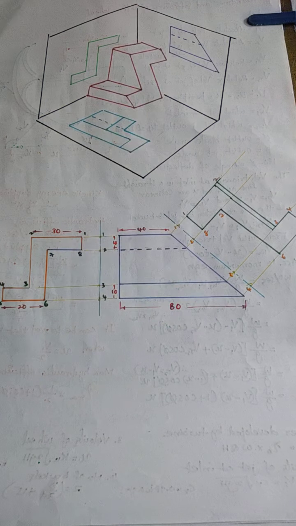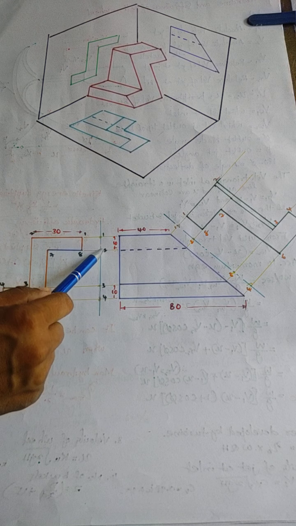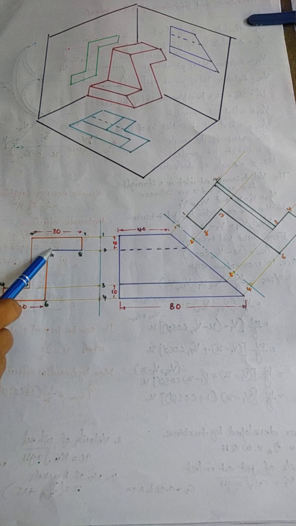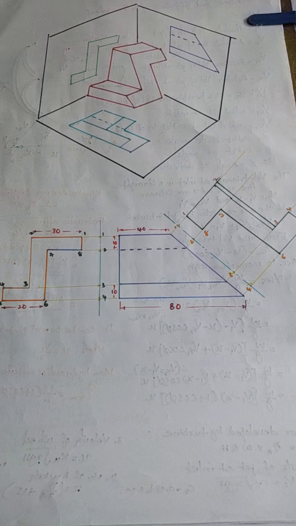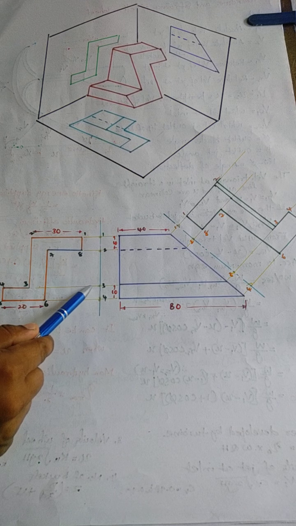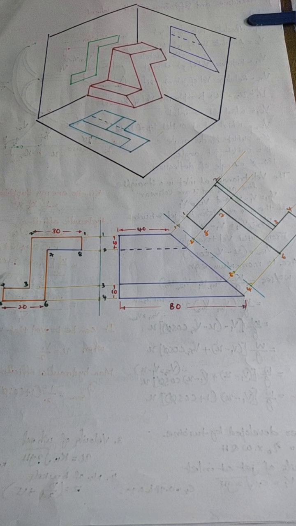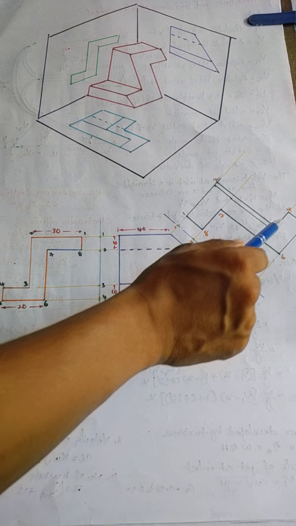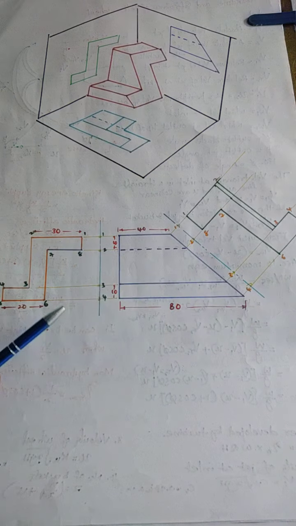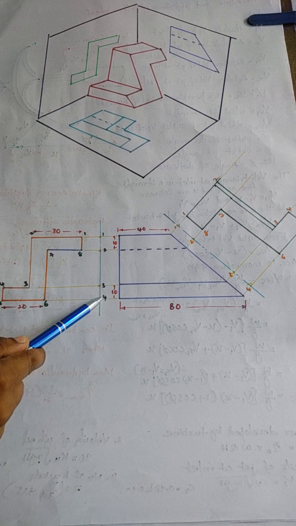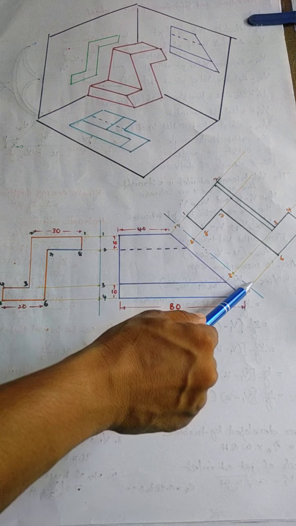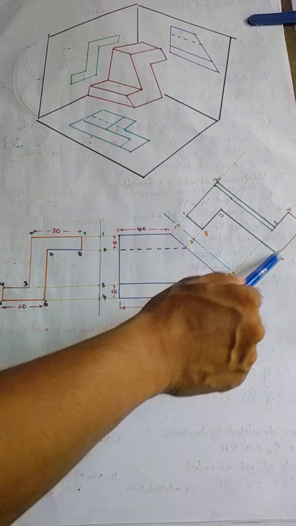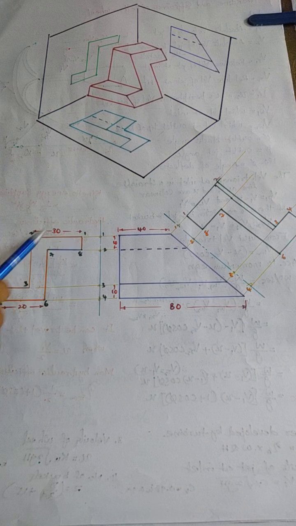From the next reference point, 8 and 7 are there, just measure these lengths and transfer those lengths 8 and 7 here. From the fourth reference point measure the third and fourth, and from this point mark those points 3 and 4. And finally from the fourth reference point measure 6 and 5 and transfer the values from the same reference point, 6 and 5. Now we have all the values transferred onto the auxiliary plane.